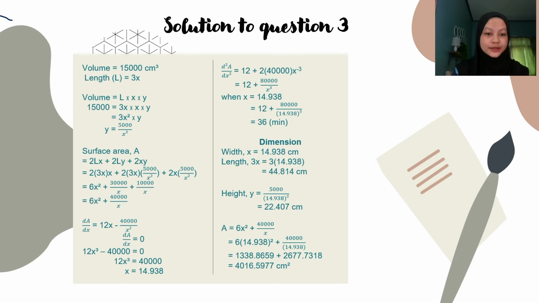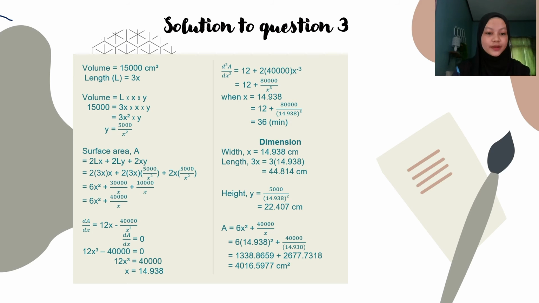5,000 over x squared. Okay, as the question wanted us to minimize the surface area, so we need the surface area formula. So surface area formula, I name it as A is equal to 2lx plus 2ly plus 2xy.